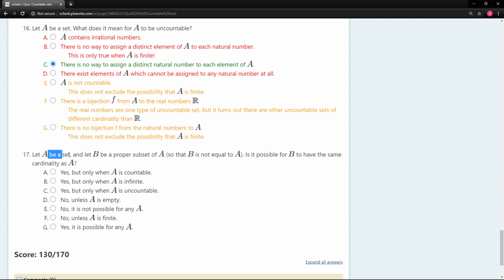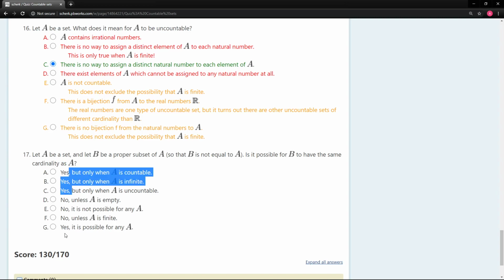Yeah, definitely. It's possible because, hey, N and Z. N is a proper subset in Z because all the elements in N are definitely in Z, but -1 is not in N, for example.